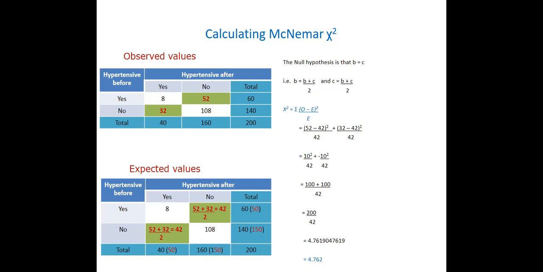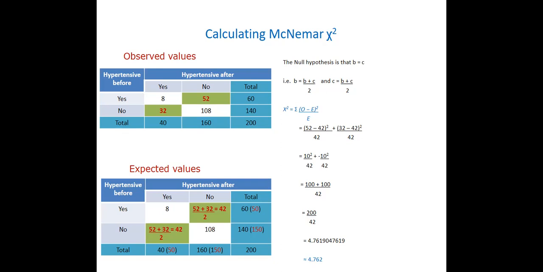So it means the column where they were hypertensive before and not hypertensive after, and then they were not hypertensive and became hypertensive after, should be exactly equal to each other. So to get that expected value from the observed value that we have, you have to add the observed value in the two discordant cells and divide them by 2 so that you have the exact same number in the discordant cell for the expected values.